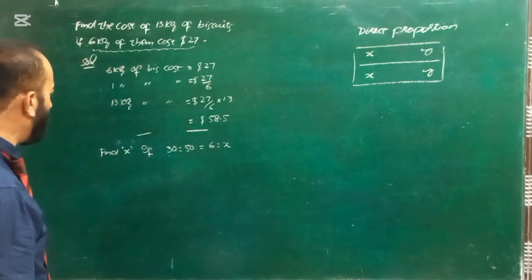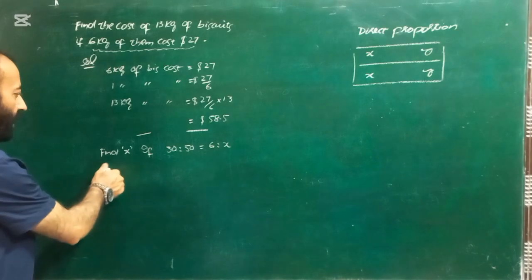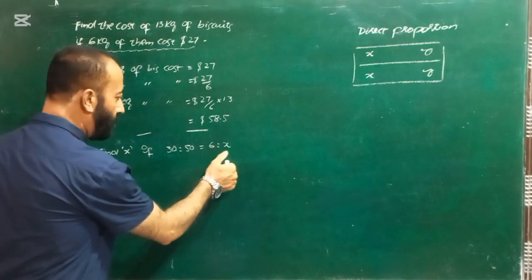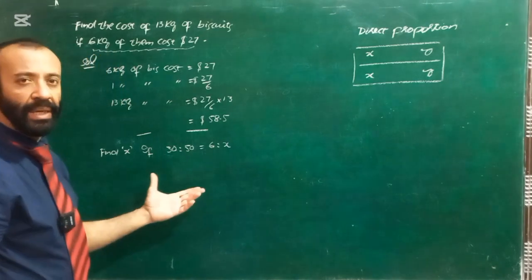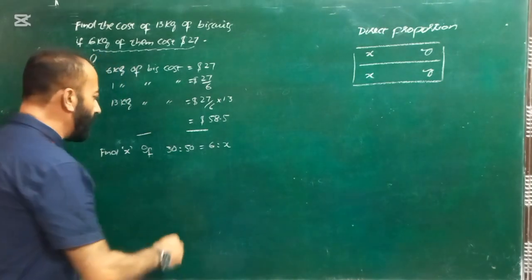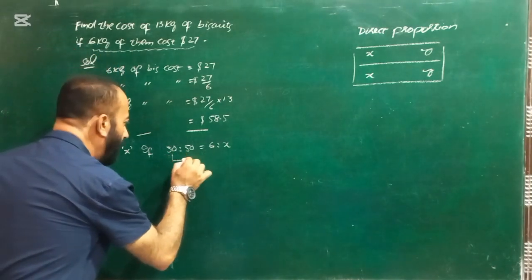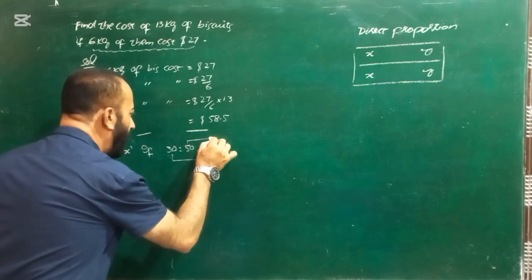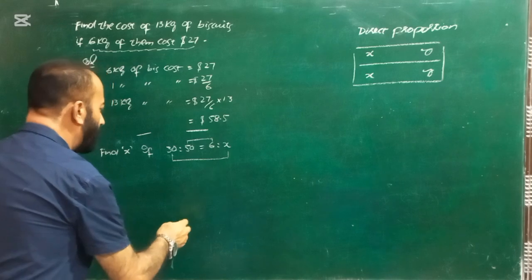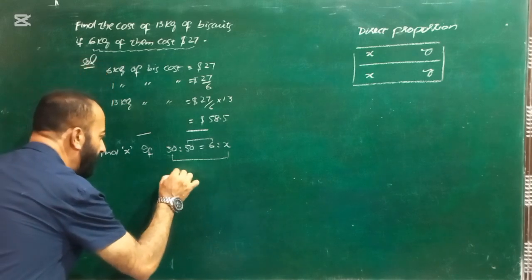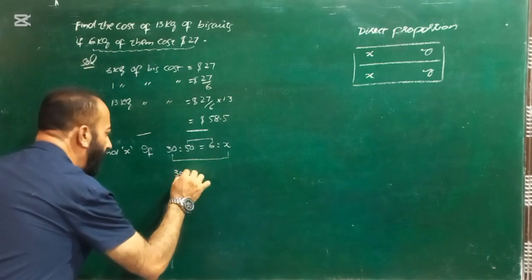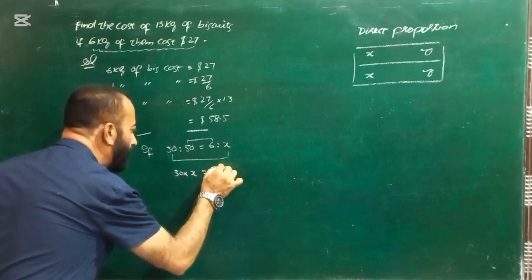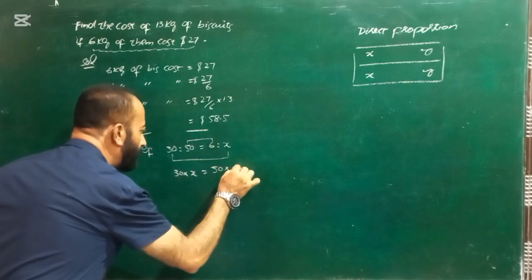Here is another type of this question: find x if 30 ratio 50 is equal to 6 ratio x. The method to solve this kind of question is multiply the extreme values equal to multiply the inner values. So 30 multiplied by x is equal to 50 into 6.